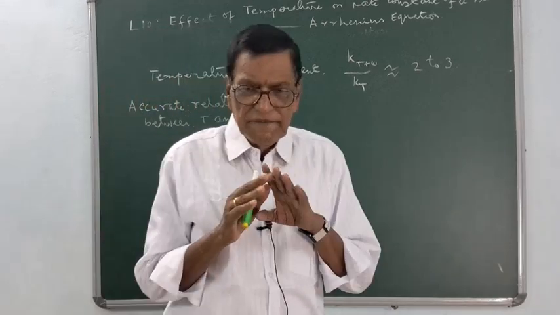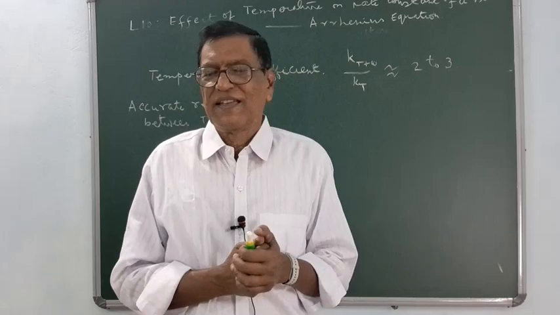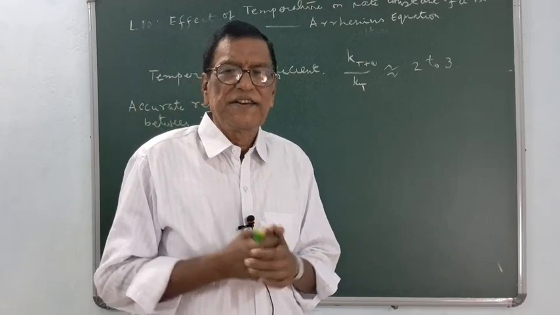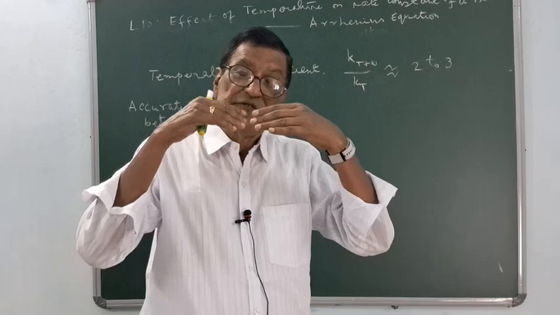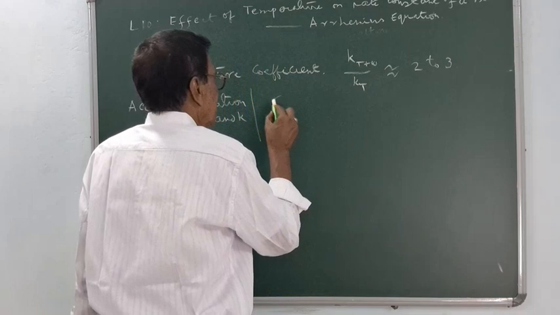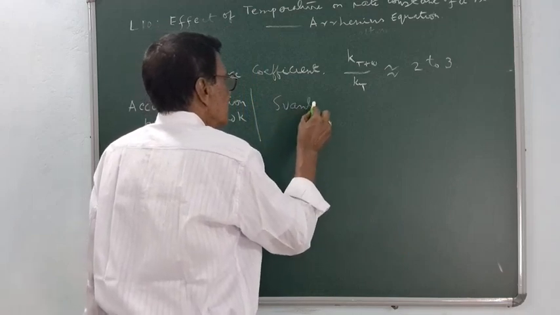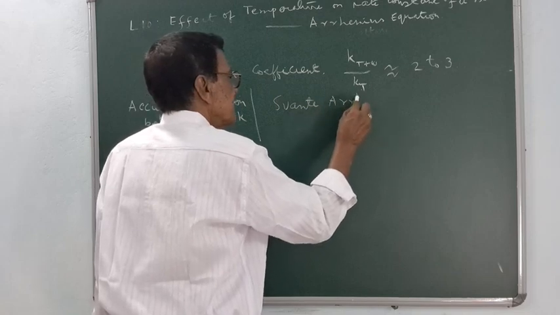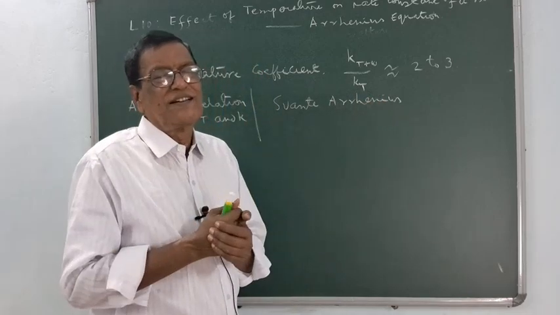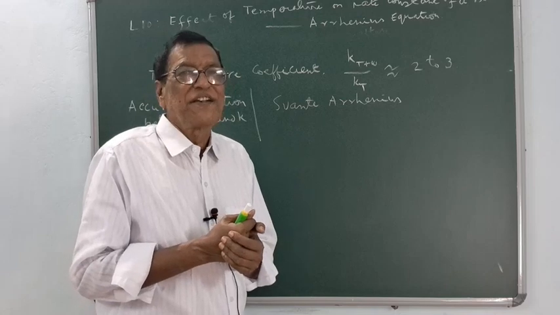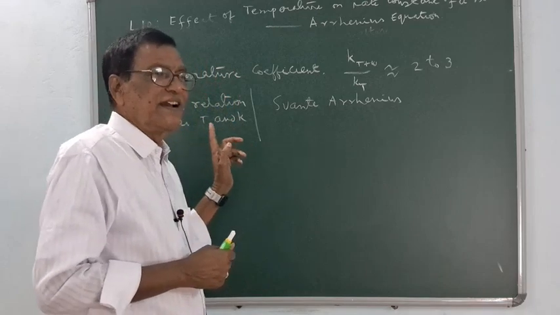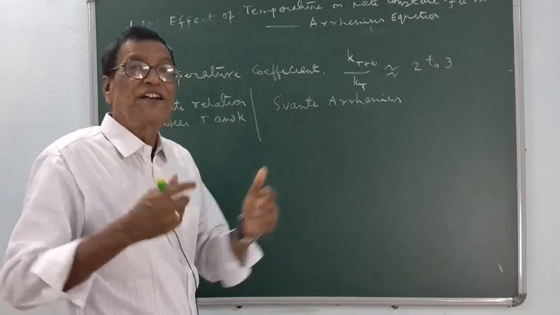And from the observation of the reaction rate and rate constant at different temperatures, Svante Arrhenius proposed one very important equation relating temperature and the rate constant of a reaction.